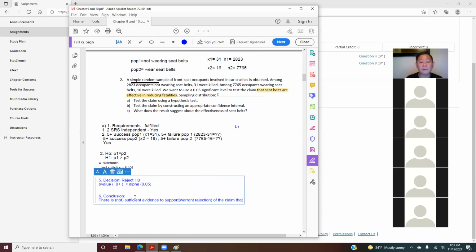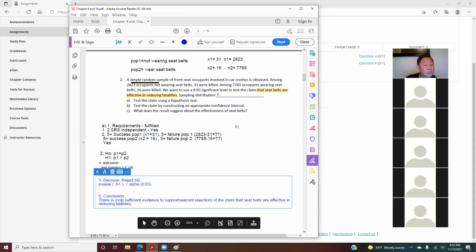I just copied down the claim statement that seat belts are effective in reducing fatalities. So we just need to pick which one do we need to pick here for this case.